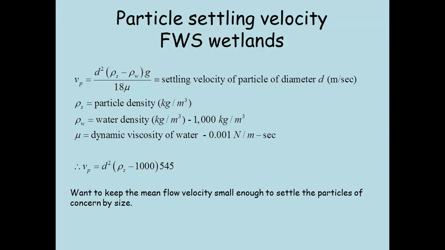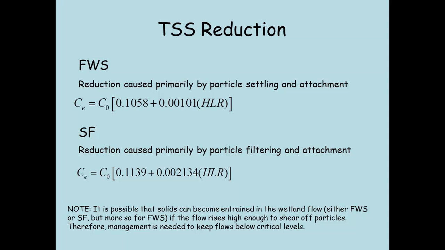Little idea here about the settling of particles in a free water surface wetland. This is just some background information. It's not something that is actually used in the design on this page here. The effluent concentration is just calculated based on the influent concentration and the hydraulic loading rate.